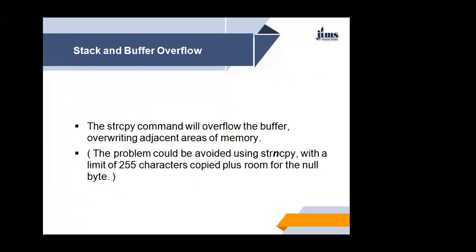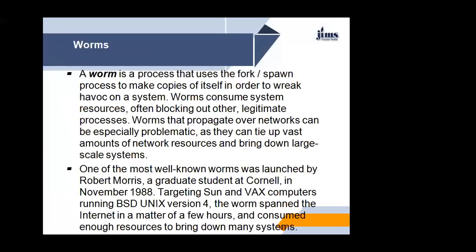This strcpy command will overflow the buffer, overwriting adjacent areas of memory. The problem could be avoided using strncpy with a limit of 255 characters copied plus room for the null byte. Then it can be corrected. Now the worm.